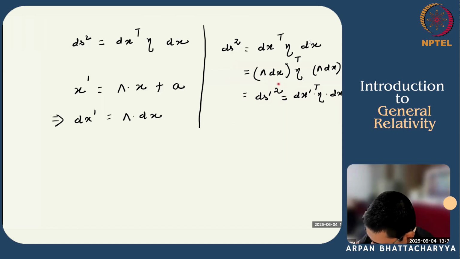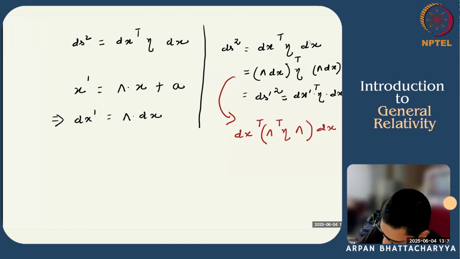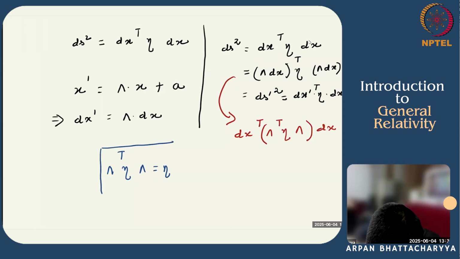So before that, first let's rearrange this line. This rearranged will be dx transpose, Lambda transpose eta Lambda, and dx. Now if you compare this with this, we will get the following: Lambda transpose eta is equal to eta Lambda, that is, Lambda transpose eta Lambda equals eta.